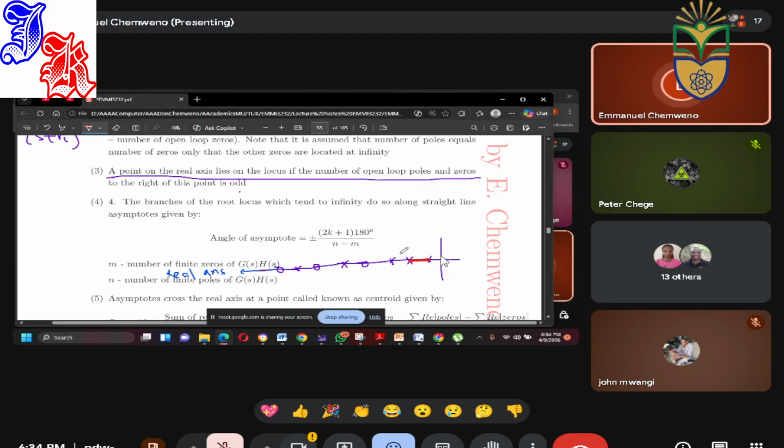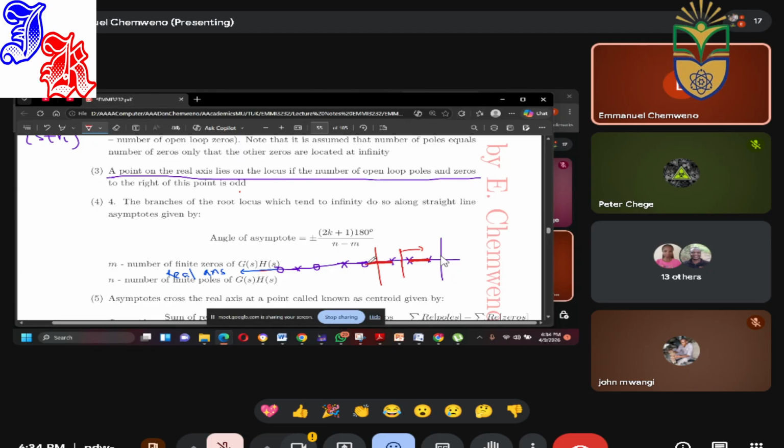When I come to this point, to the right of this, the number of poles is even. So this is not part of the locus. But when I come here, 1, 2, 3, it is odd. So this becomes part of the locus.